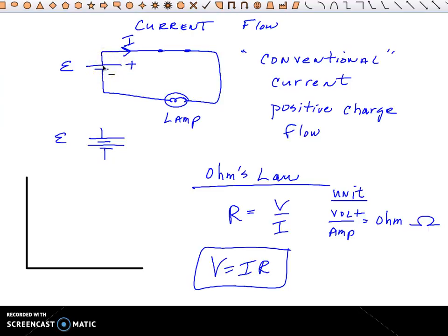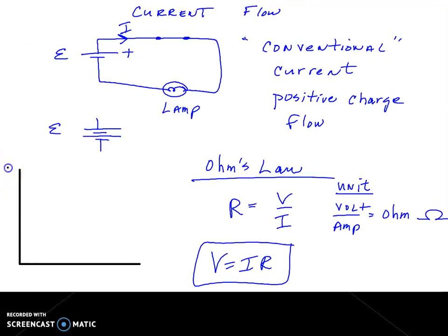So we increase the voltage and then we could measure the current through the lamp. And so the current is a function of the voltage. So if we were to plot the current on the y-axis and the voltage on the x-axis, we would see that we would get a straight line, even though that's not terribly straight.